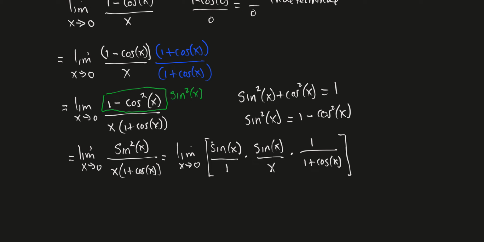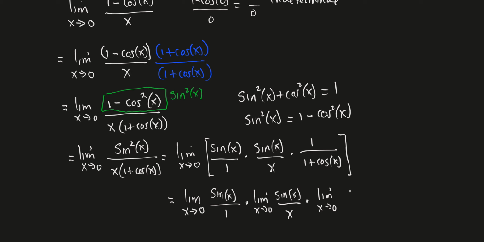Well, the fact is, individually now, these functions have limits. So using our limit properties, the limit of this product is the product of these limits. So we have the limit as x approaches 0 of sine of x, I'll put it over 1, which I don't have to, and then times the limit as x approaches 0 of sine x over x, and then times the limit as x approaches 0 of 1 over 1 plus cosine of x, right?